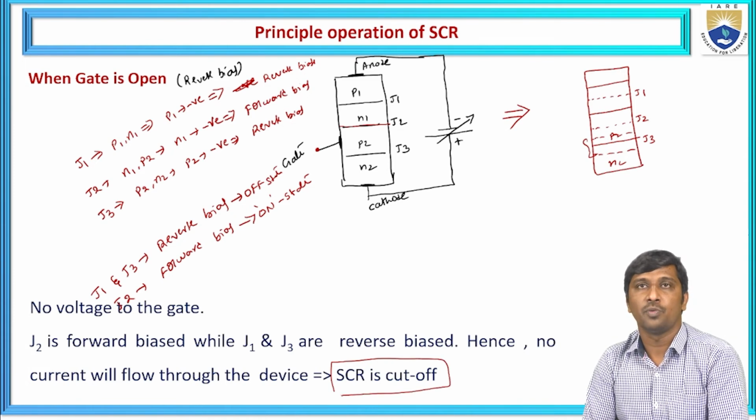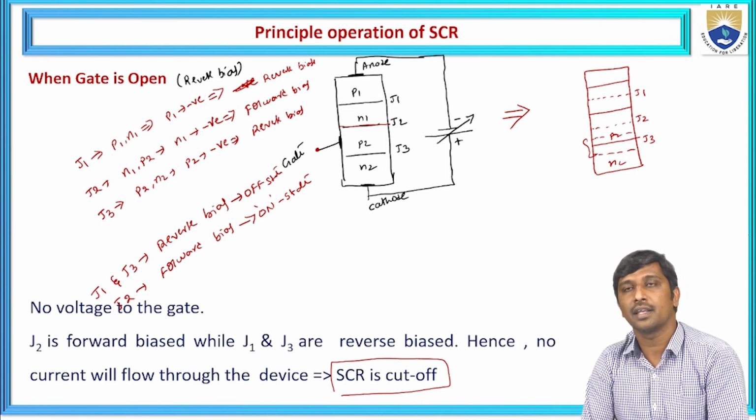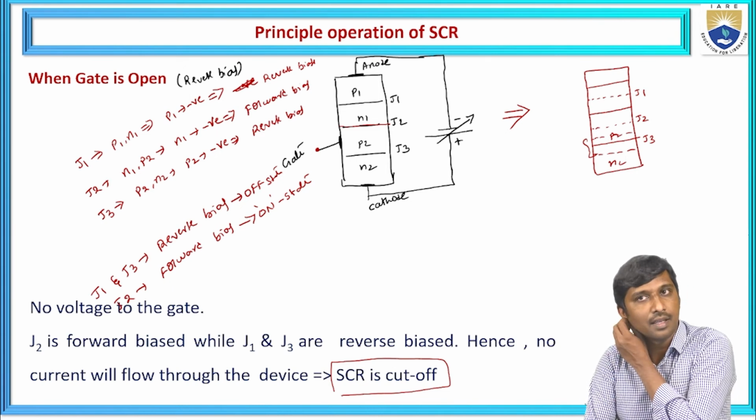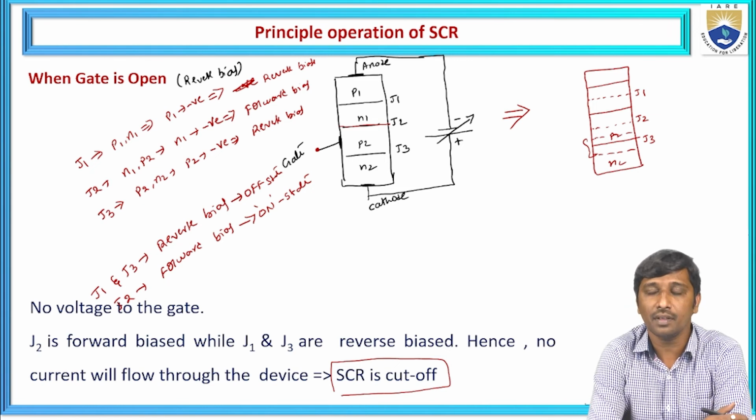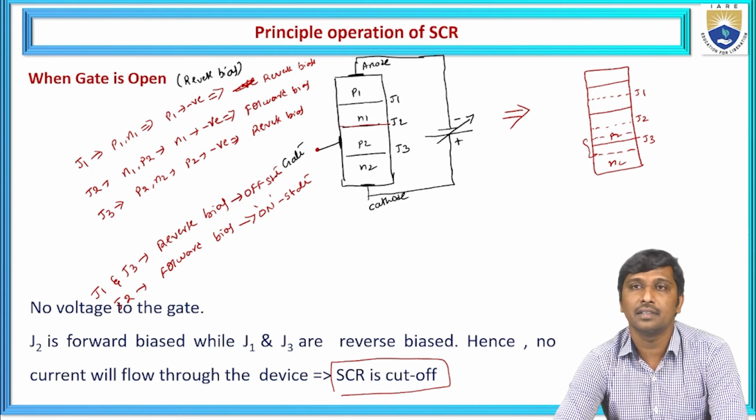If you observe, when the gate is open, even if you are applying a forward voltage or a reverse voltage, the SCR is non-conducting. But we need to identify when the SCR enters into the conducting state.